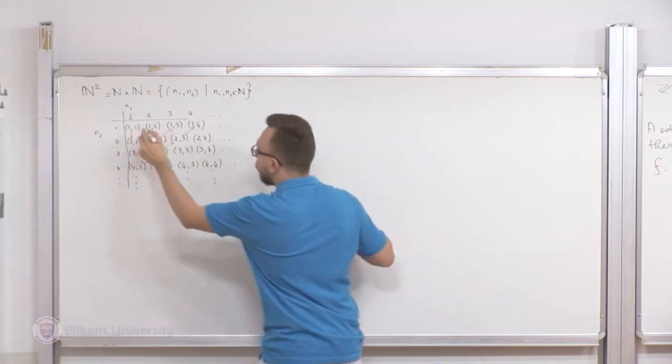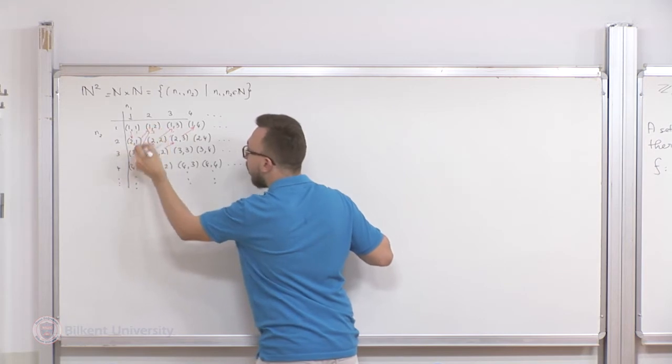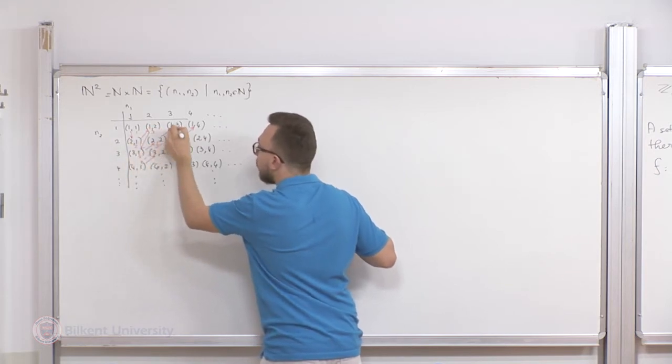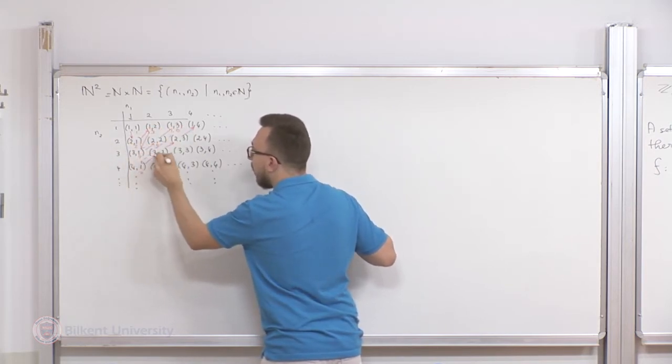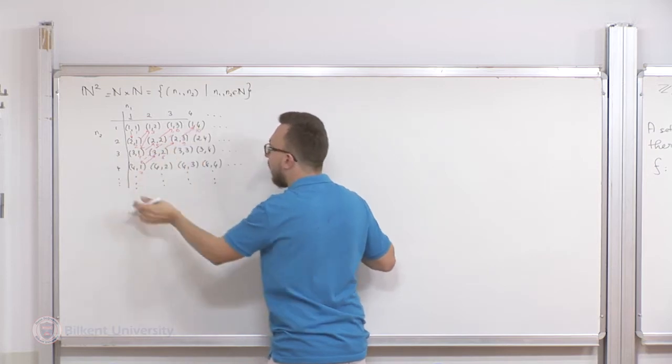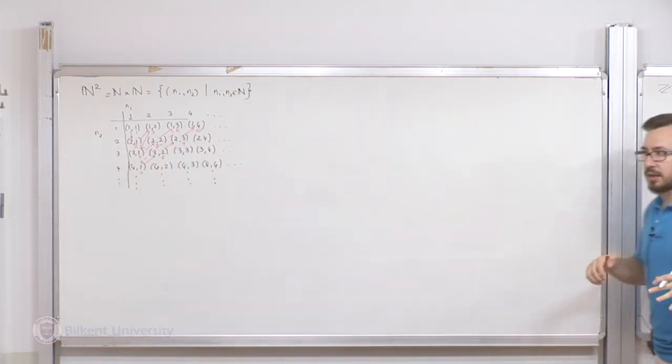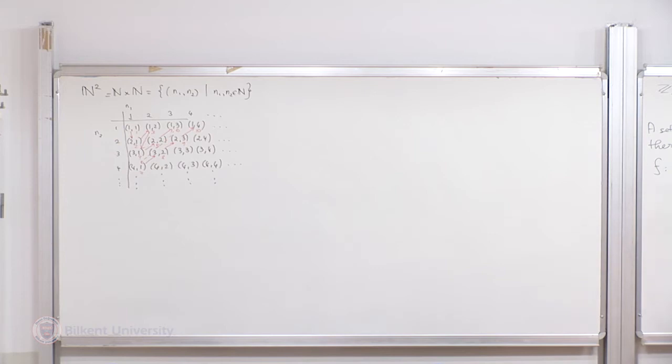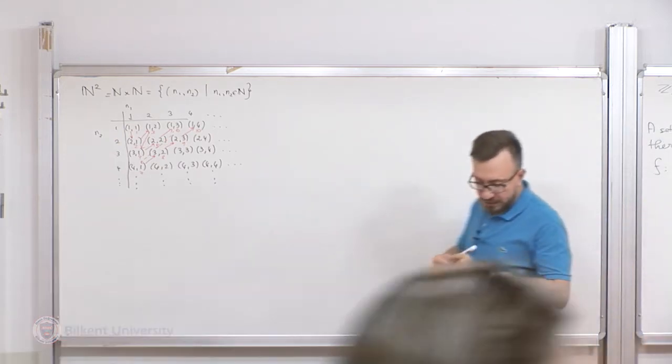In a diagonal way. So this is 1, 2, 3, 4, 5, 6, 7, 8, 9, 10, 11, 12, etc. That's a way to count the elements of this. So this is also a countably infinite set.